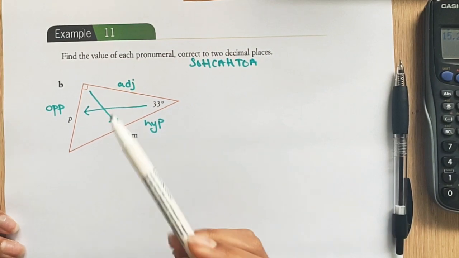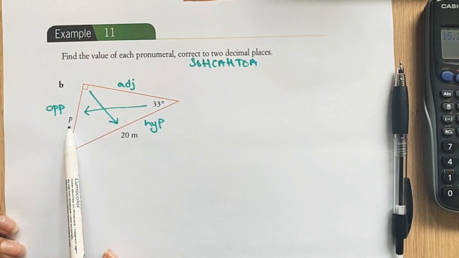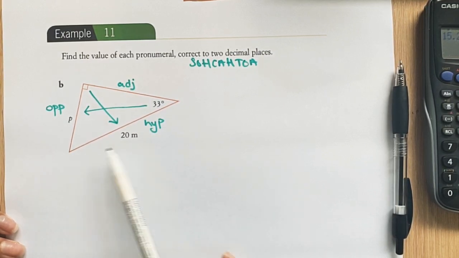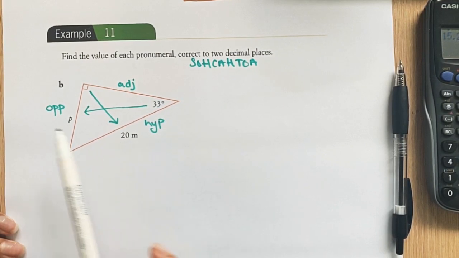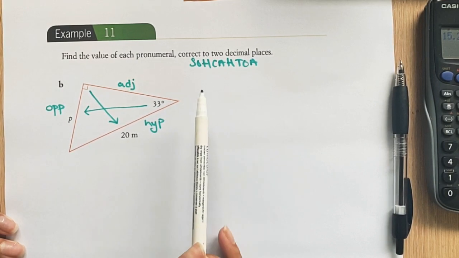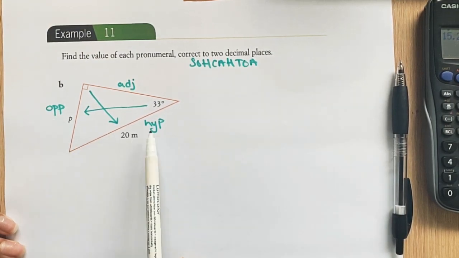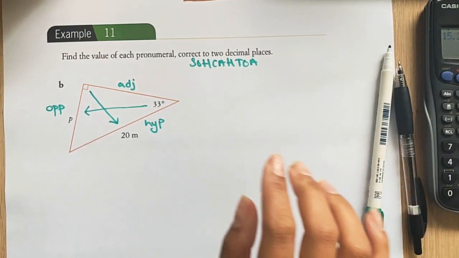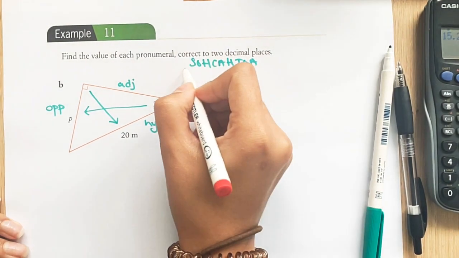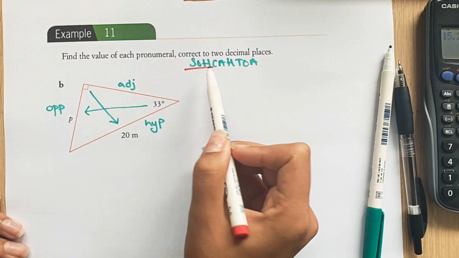Now which two sides are involved? Opposite is involved with P and hypotenuse with 20 meters. So I have O and H, opposite and hypotenuse. Which of sine, cos, tan have both opposite and hypotenuse? In this case it would be sine. We have opposite divided by hypotenuse.